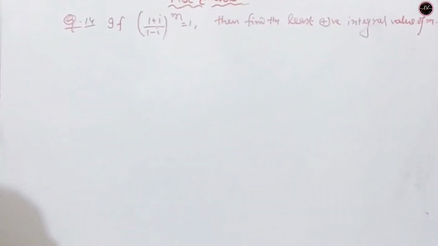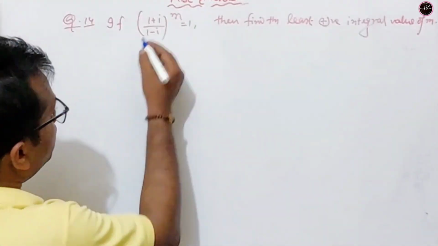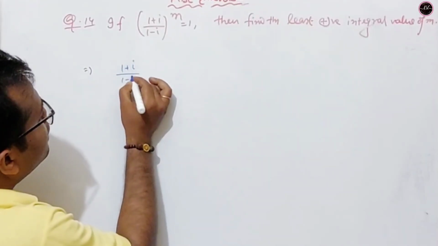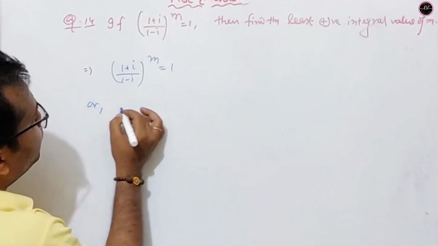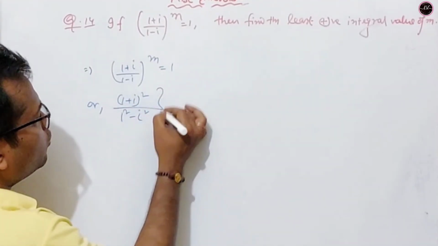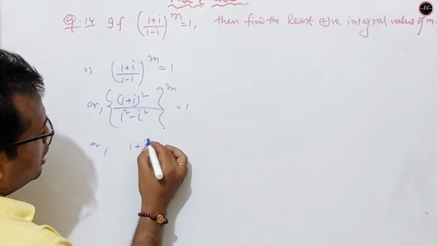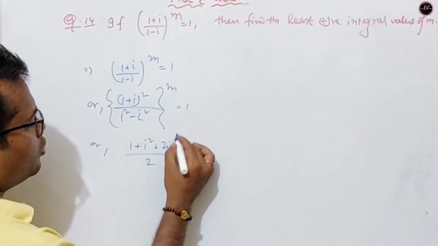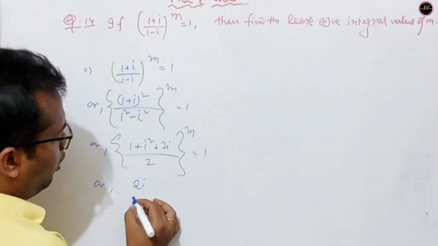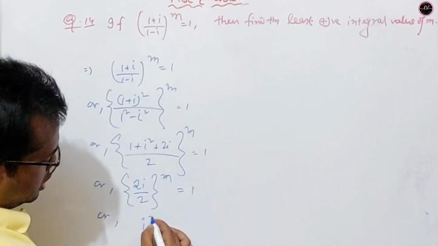This question: if ((1 plus i) divided by (1 minus i)) to the power m equals 1, then find the least positive integral value of m. So we first rationalize this. ((1 plus i)(1 plus i) over (1 square minus i square)) to the power m equals 1, or (1 plus i) whole square over (1 square minus i square) to the power m equals 1, or (1 minus 1 plus i square plus 2i) divided by 2 to the power m equals 1, or (2i divided by 2) to the power m equals 1, or i to the power m equals 1.